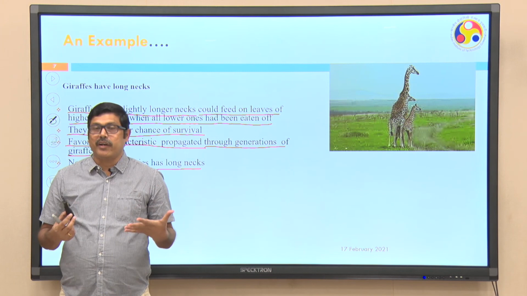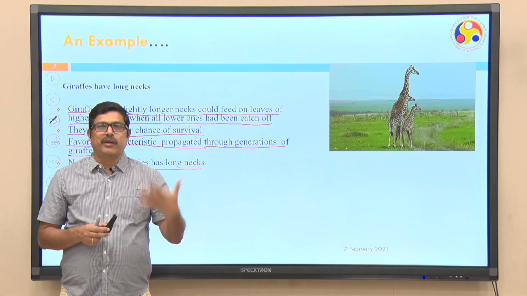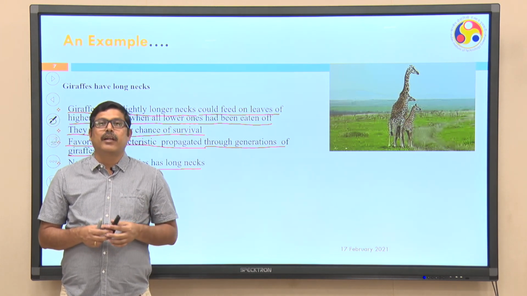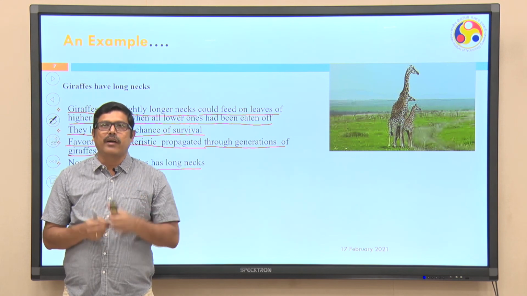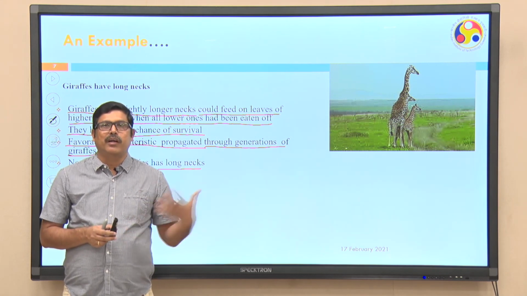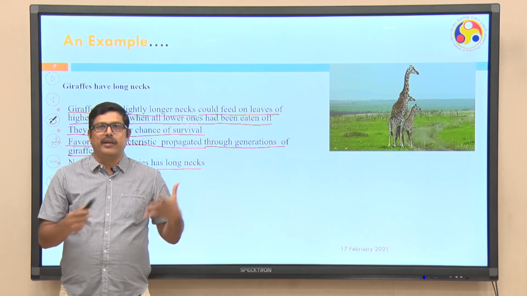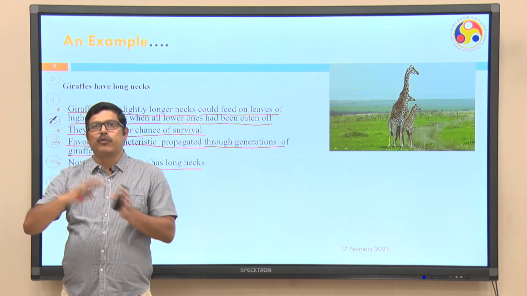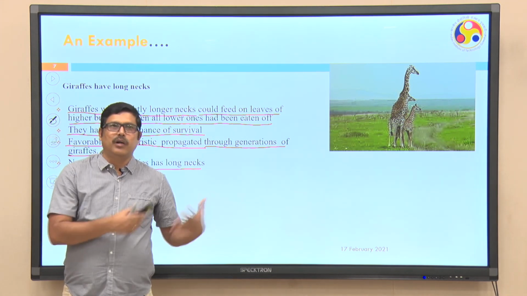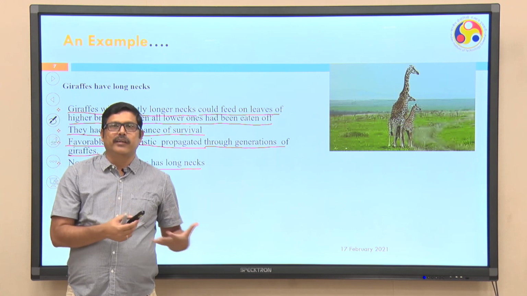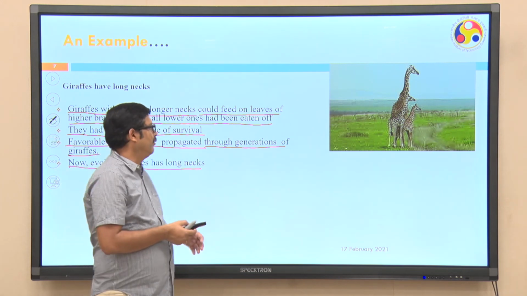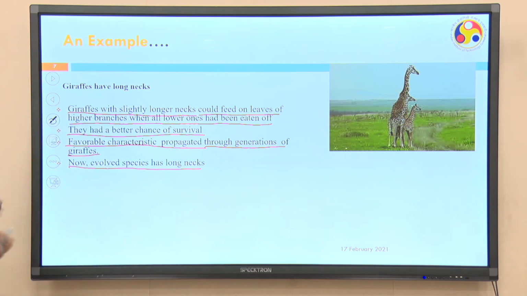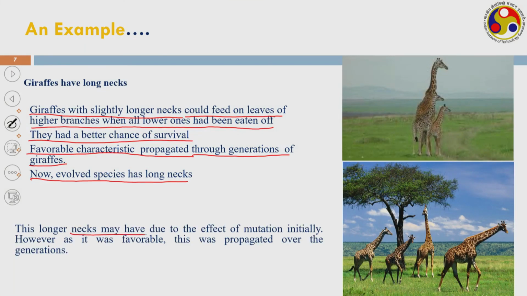But what is the favorable characteristic here? The favorable characteristic is the longer one. Giraffes with longer necks could survive and others could not, and therefore this evolved into a new species, and these giraffes now have longer necks. Okay. How are they getting longer necks?